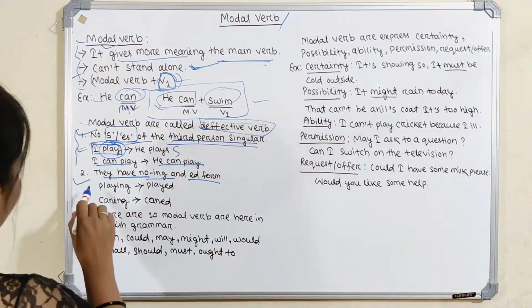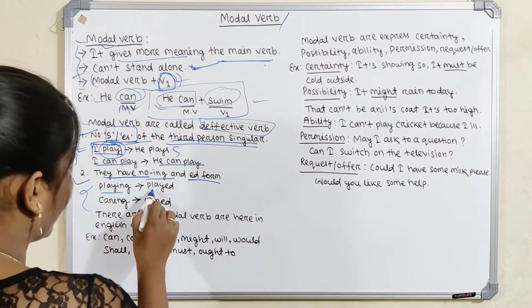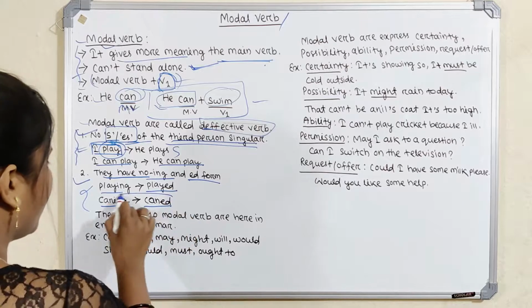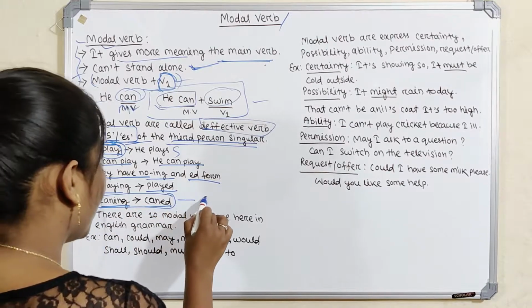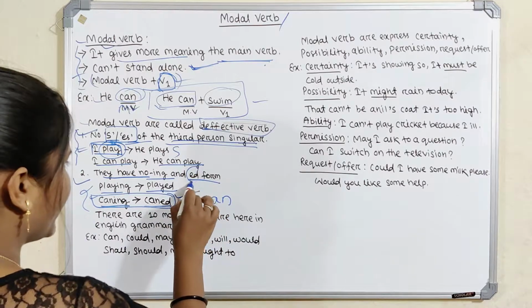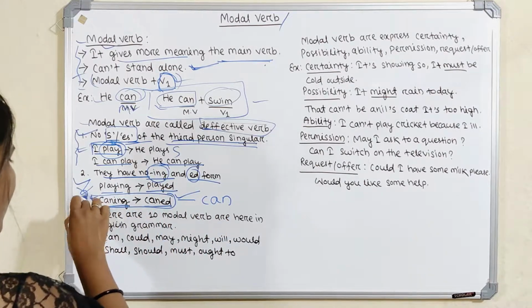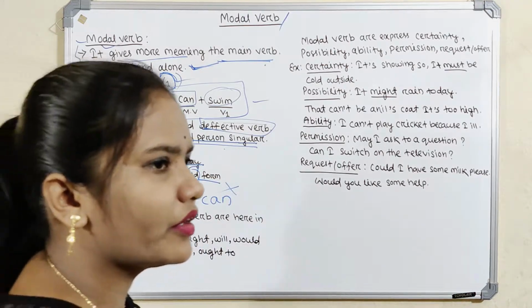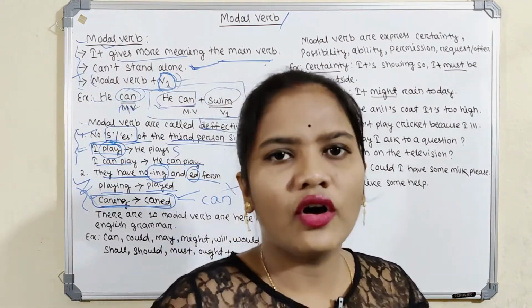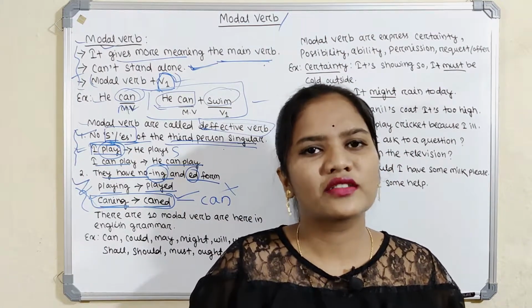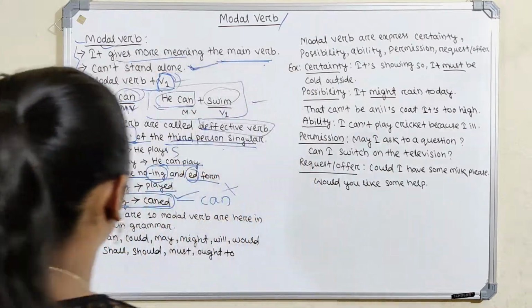Canning or canned don't have any meaning; only can is here. So the ed or ing form is not available in this case. So a modal verb is called a defective verb because of the third person singular, and also because it doesn't have an ed or ing form.